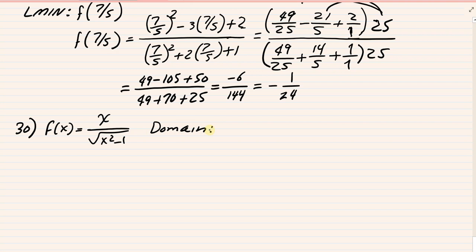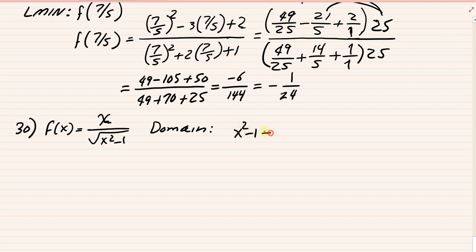The domain of this function, for a fraction, we've got to look at places where the denominator is 0. The numerator is defined everywhere. Denominator, however, we have two things in the denominator. It cannot be 0.